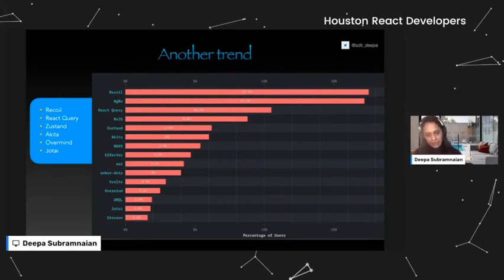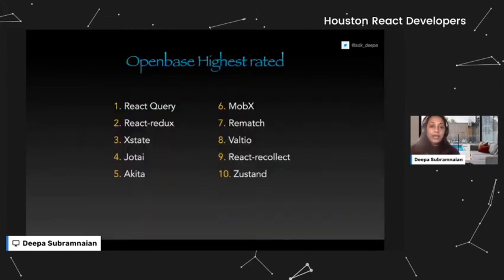This is the data from 2020, and followed by the rest of them: React, jQuery, ZooStand, and other libraries that are available there. And OpenBase rates, it is highly rating React Query, and followed by React Redux, and the rest of them. This is based not on downloads, but highly rated by developers.